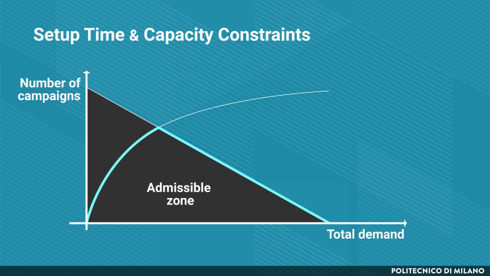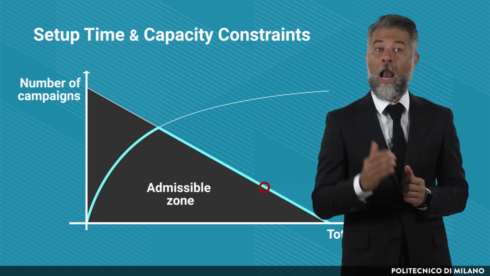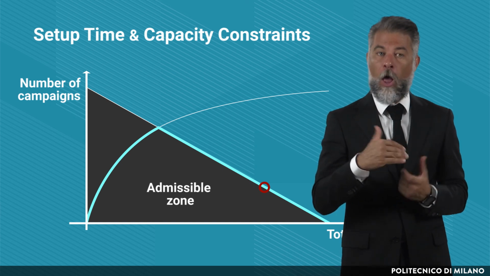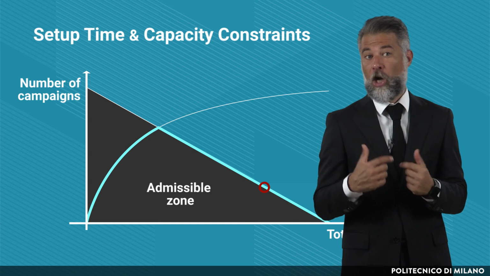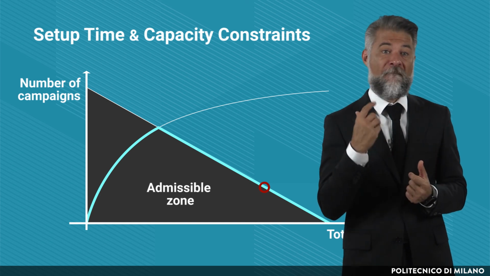On the other hand, should N0 be over and above the admissible zone, then the total required production plus setup time should be reduced by diminishing the number of campaigns down to the point in which N0 meets the limit of the admissible zone. A lower number of campaigns will imply lower total setup time and, consequently, a feasible plan.